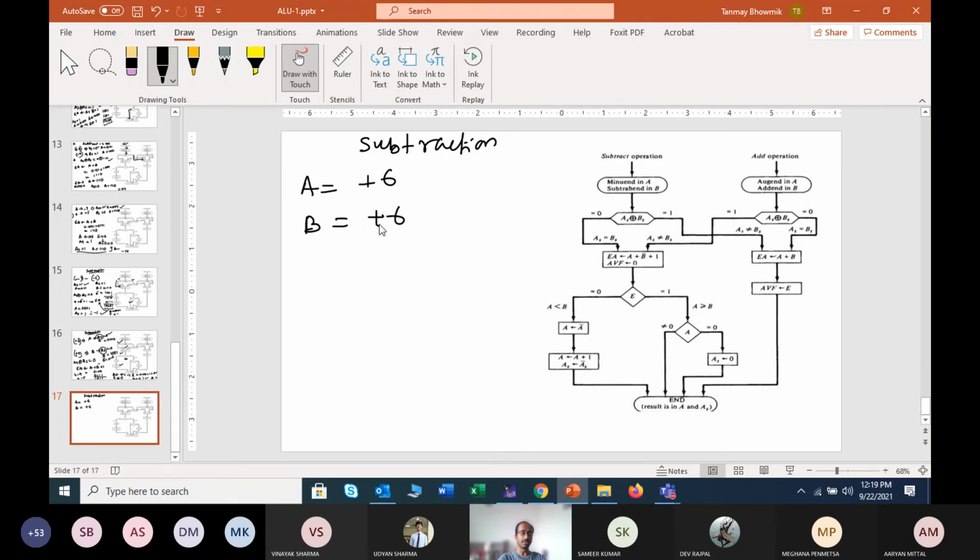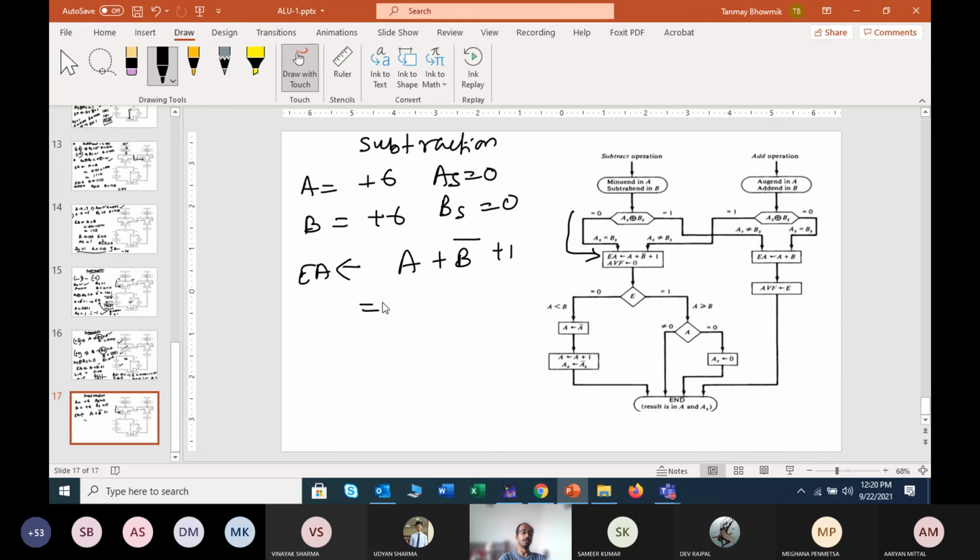You are going to perform 4-bit subtraction. So again the sign bits should be compared. AS is equal to 0, BS is equal to 0. So when 0 XOR 0, it is coming into this zone. EA equals A plus B complement plus 1.